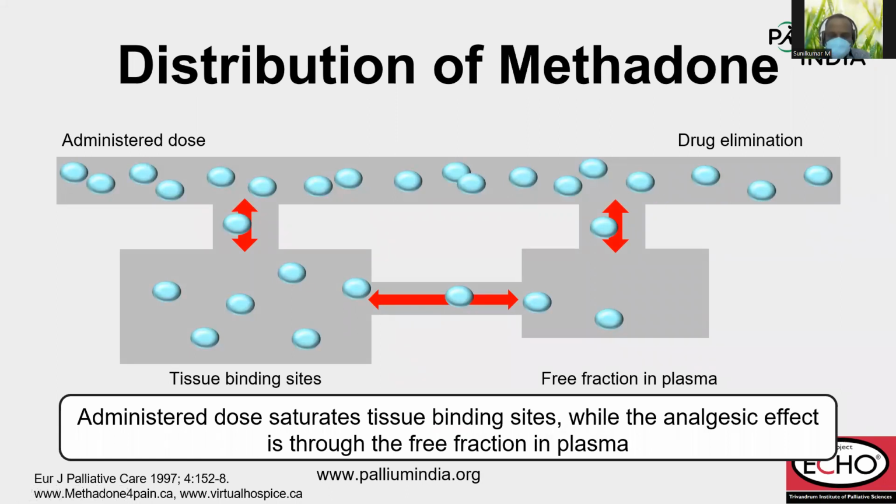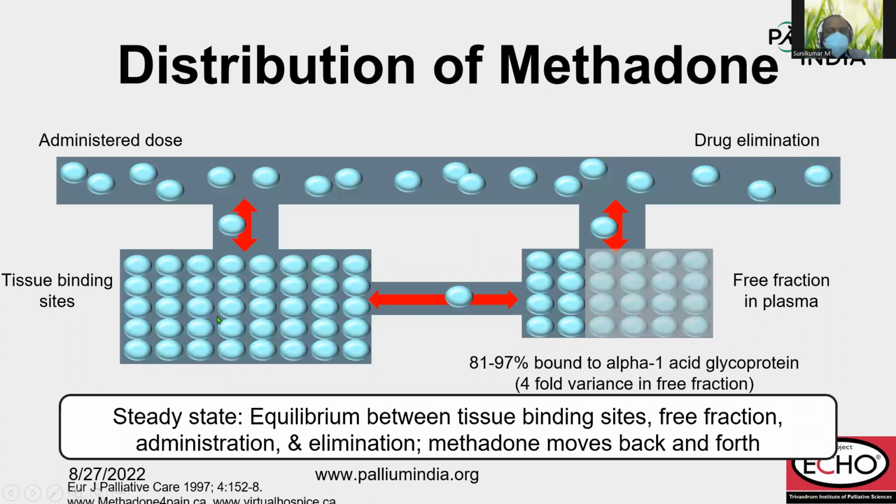Once these tissue binding sites are saturated, the methadone will be liberated into the blood for systemic action. So if you start a patient on methadone for the first time, this is what is going to happen.